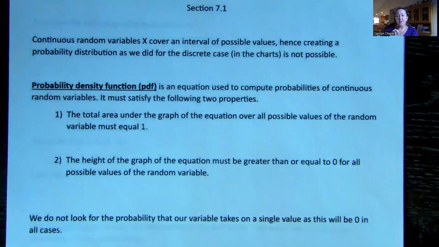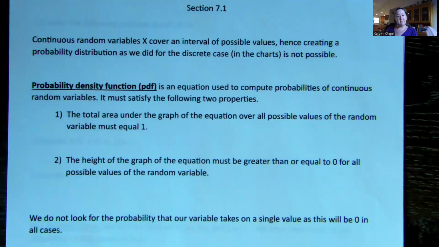These properties are very similar to ones that we saw with the discrete models. First of all, the total area under this curve, so if we graphed it and we looked at all the possibilities this random variable takes on, that total area has to equal 1.